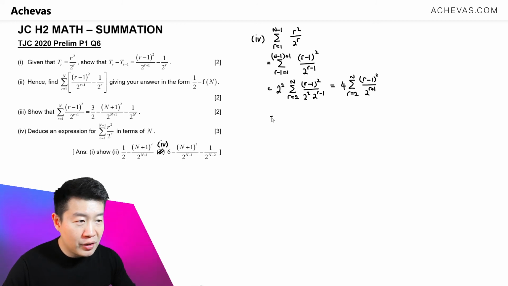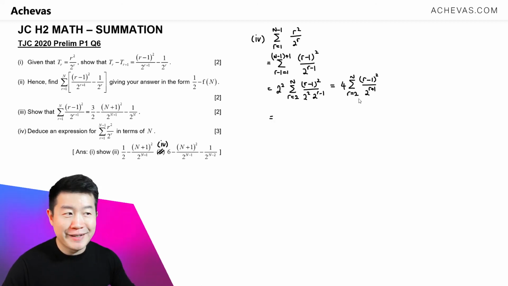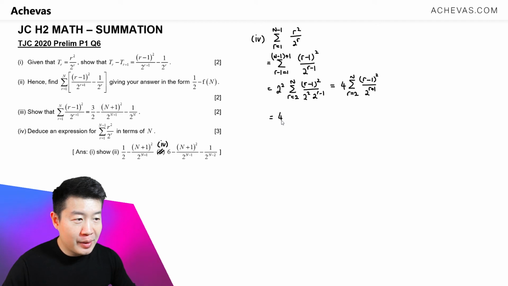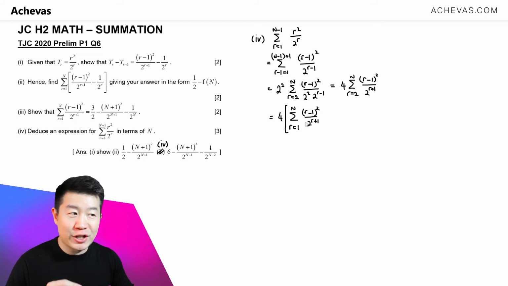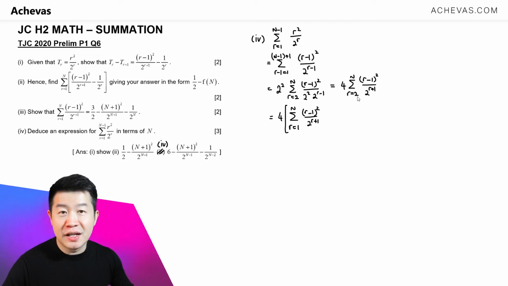So I'm going to do a little bit of trimming to my summation. I'm going to break this summation into r starting from 1 all the way until n, r minus 1 square divided by 2 to the power of r plus 1. And I know within here there's this extra term. The extra term is when r is equal to 1, because here r starts from 2.